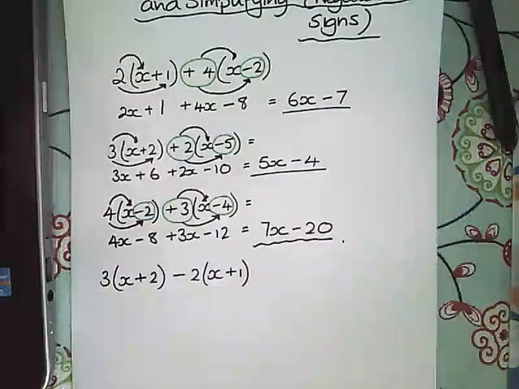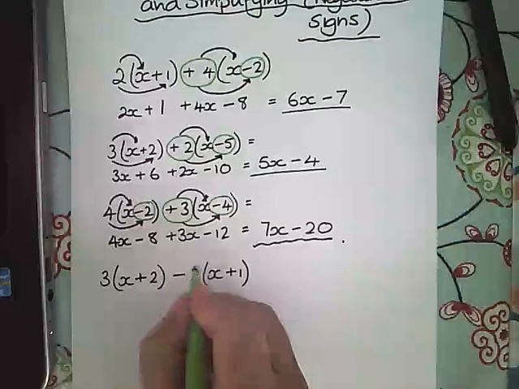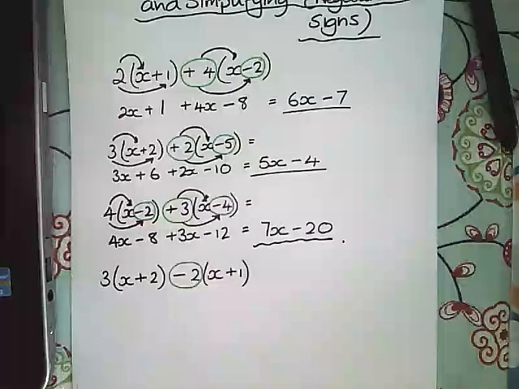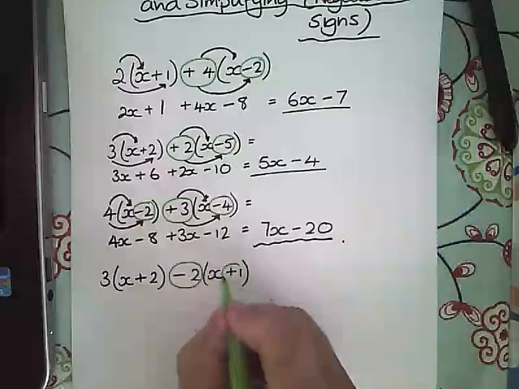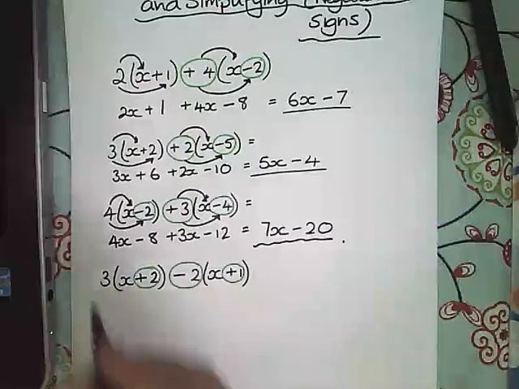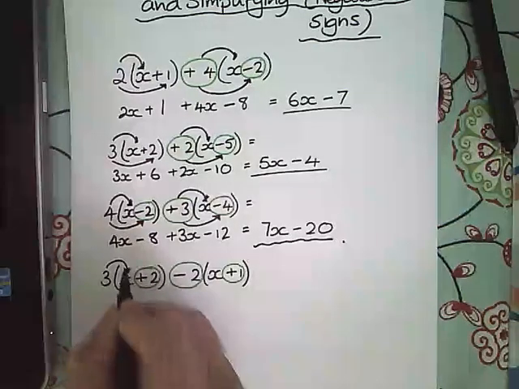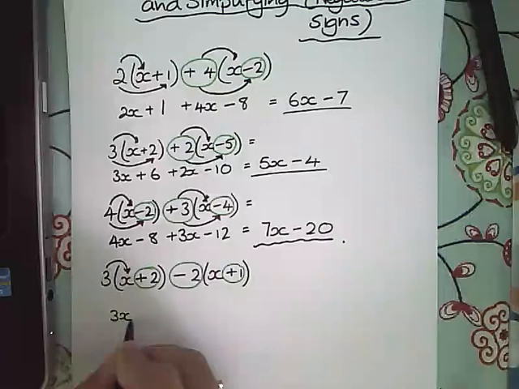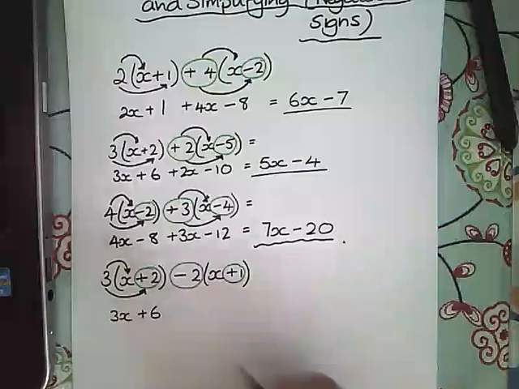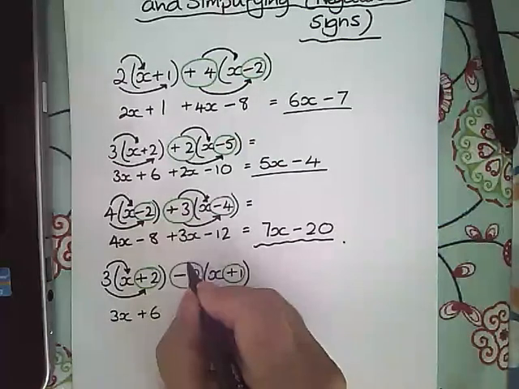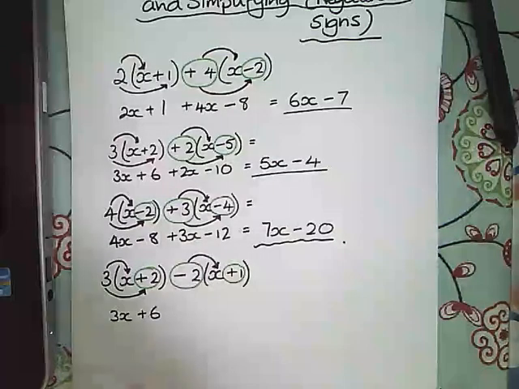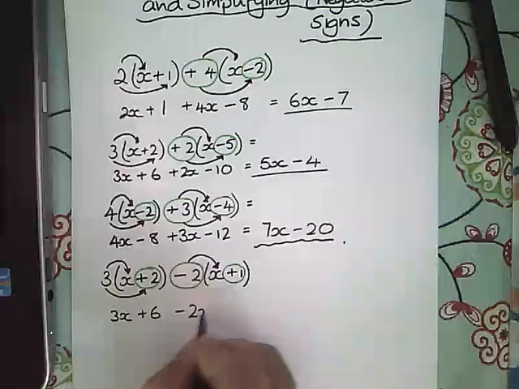Now, this time, this being negative changes everything in this second bracket, so we just need to be careful of that. You might still find it useful to circle all the signs to keep them with the numbers. 3 times x is 3x. 3 times 2 is 6. That's all positive. Now we've got minus 2 times x, which is minus 2x.